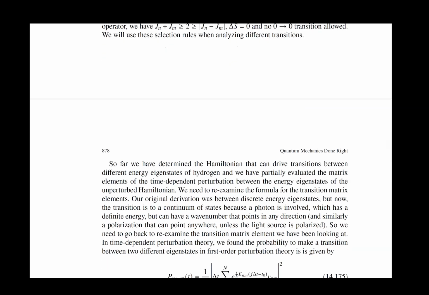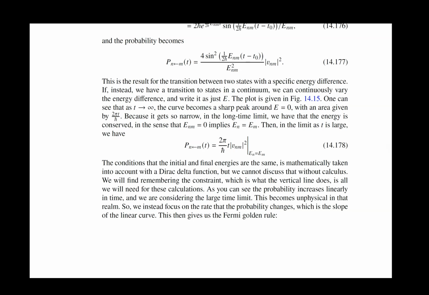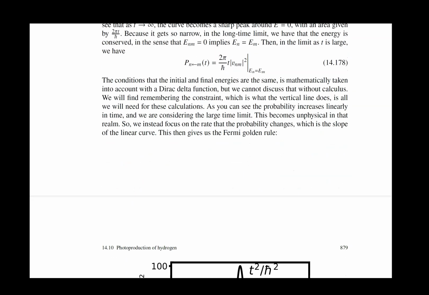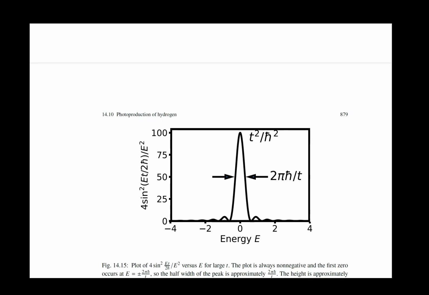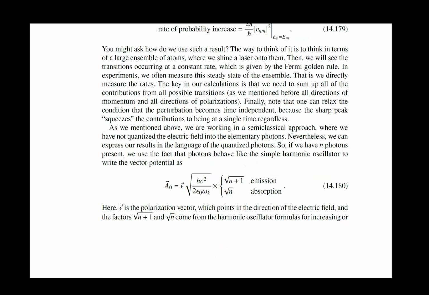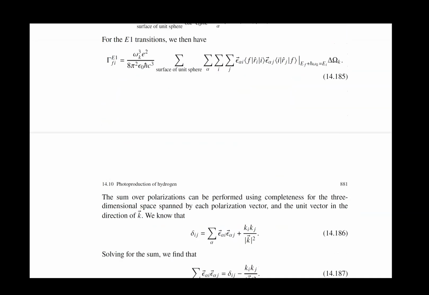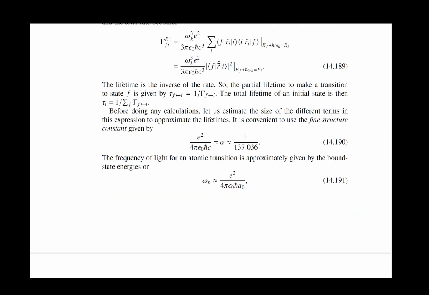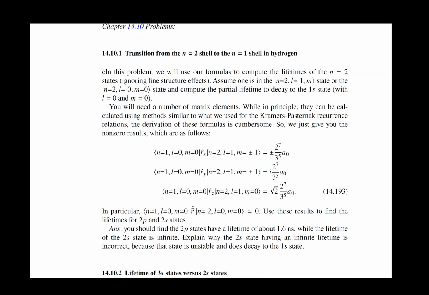And so lifetimes are related to the line width. So this is a way that we actually determine the shape of the spectra by doing a quantum mechanical calculation. This is showing you an image of what a line width looks like of a spectral line. And it's a really important series of calculations that anyone who's gone through a quantum mechanics class should be comfortable doing these kinds of calculations.